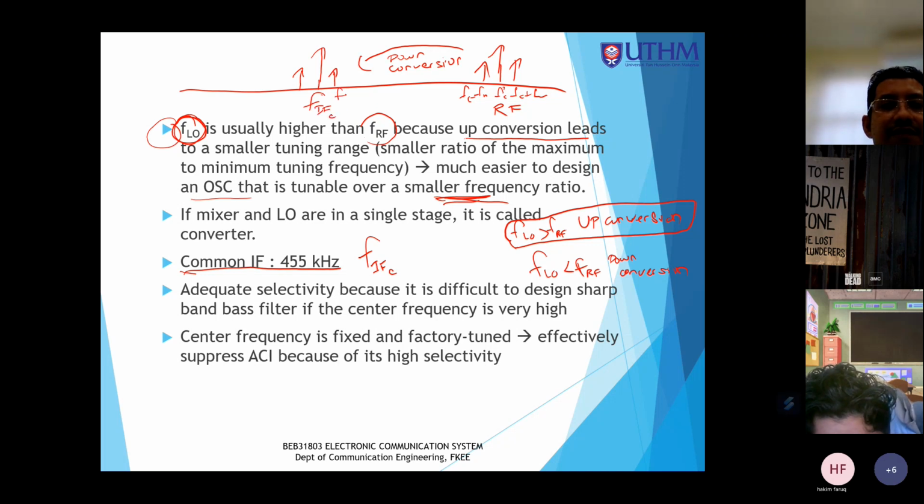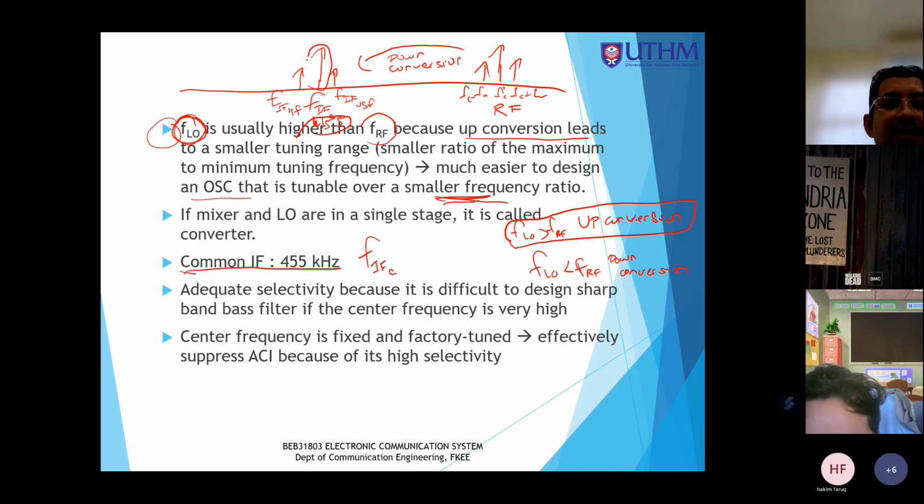Di sini adalah FIF USF, upper side frequency, dan di sini adalah FIF lower side frequency, LSF. Okay, so dikatakan di sini bahawa 455 ini adalah frekuensi center. This center frequency is 455.